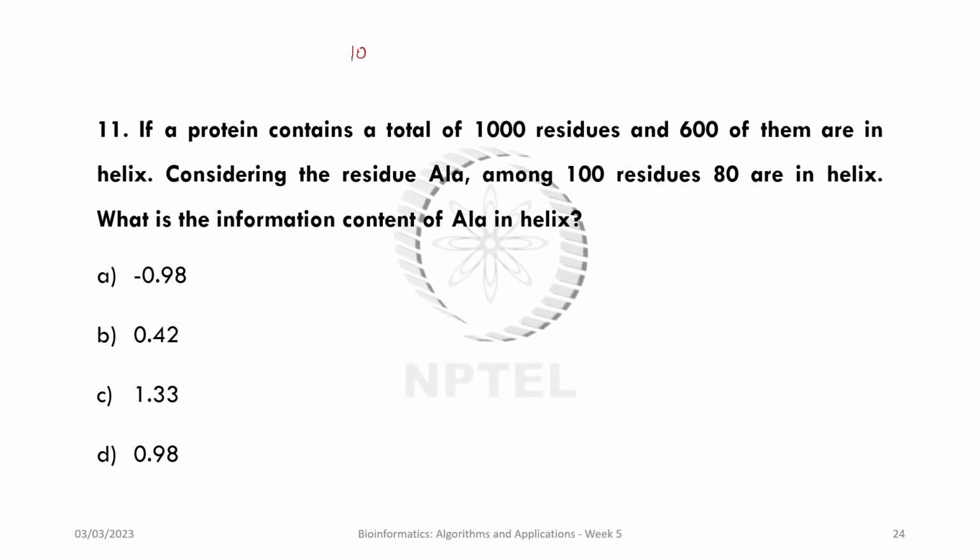You're having 1000 residues, of which 600 are helix, 400 are not helix. Considering alanine, among 100 residues of alanine, 80 are helix, 20 are not helix.